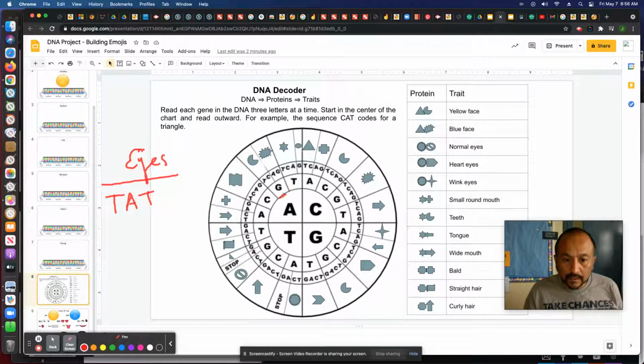We always start here, and we look for the first letter, T. There's T. A. Now we're going to go outward, A. We're going to look at these four letters, and there it is, A and T. And the T is located right there. So we have TAT, and it is this shape right here, which looks like a blast of some sort.